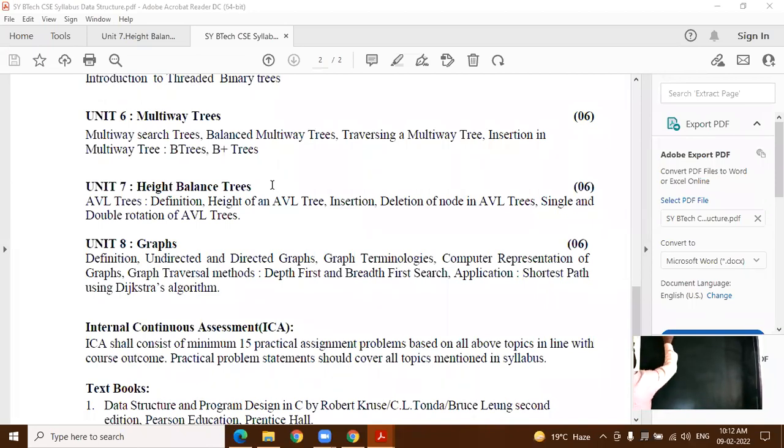Order 3 means M is equal to 3. So what is the minimum number of keys you are considering for the internal nodes?